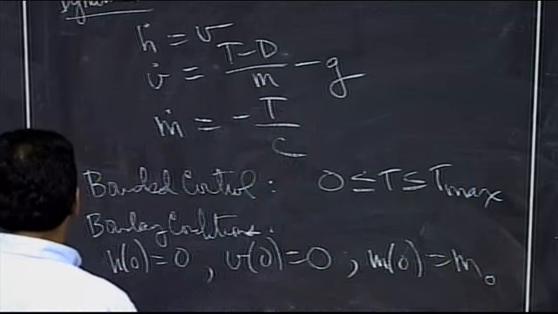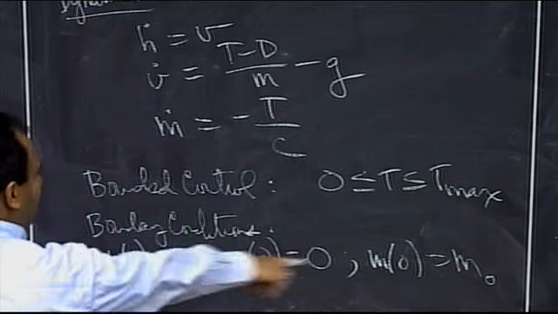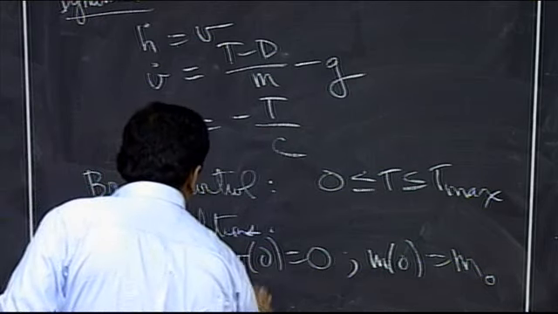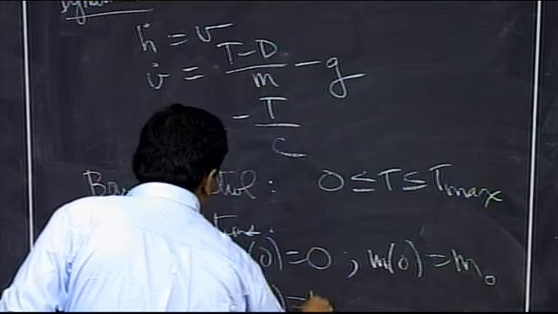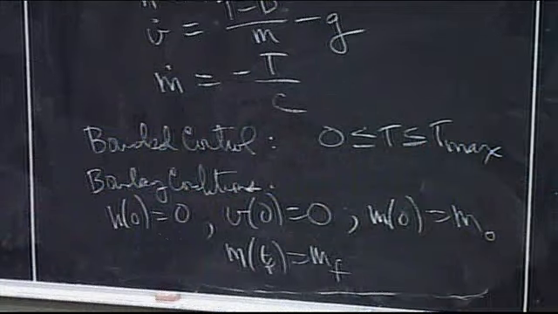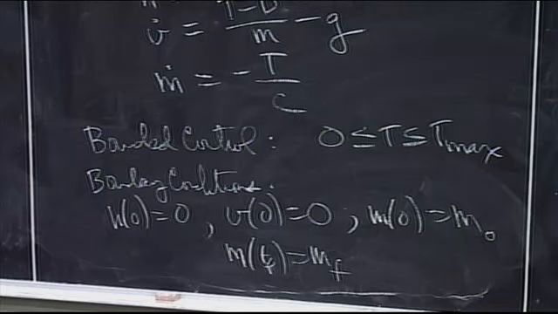The final time is free, and everything here at the final time is free except for the final mass, which is that m at tf is equal to mf. So you're going to burn a fixed amount of fuel to do this. You're just going to burn until your tank basically goes empty, and then you stop.